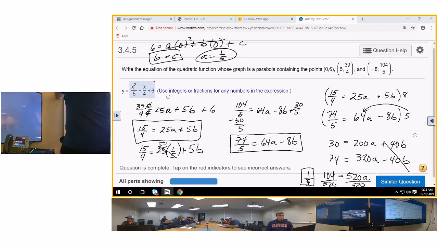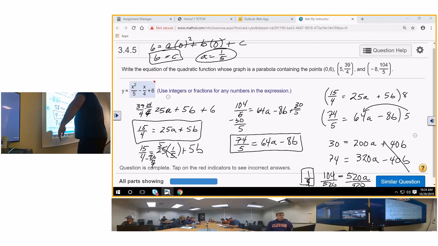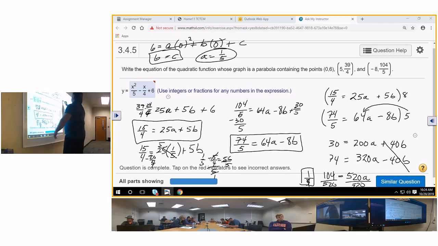So that 5, I'm going to bring it over as minus 25ths, 24ths. What's 15 minus 20? Negative 5. Negative 5/4 is equal to 5B, divide by 5, multiply by 1 over 5, I get negative 1/4.